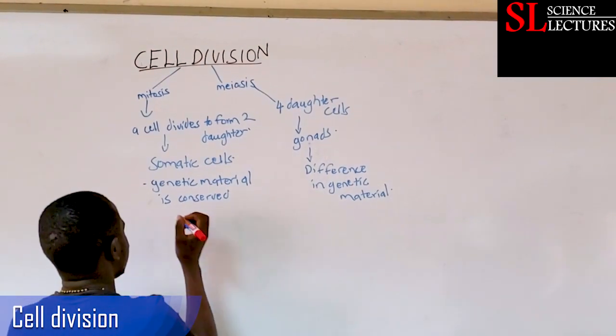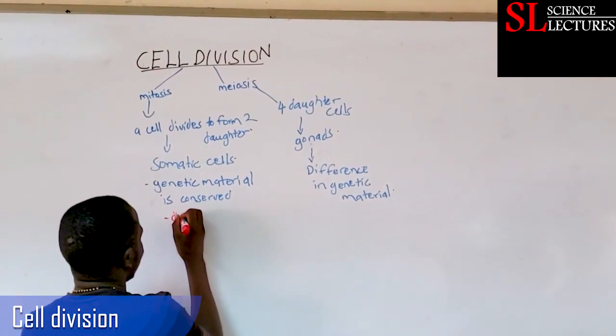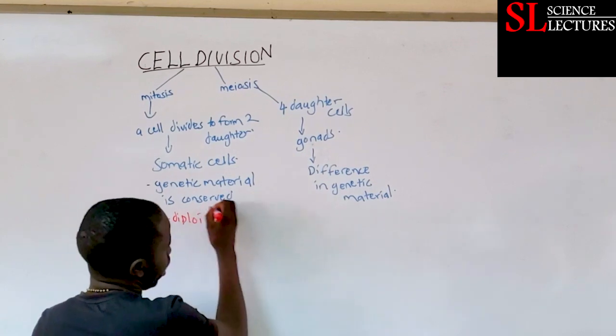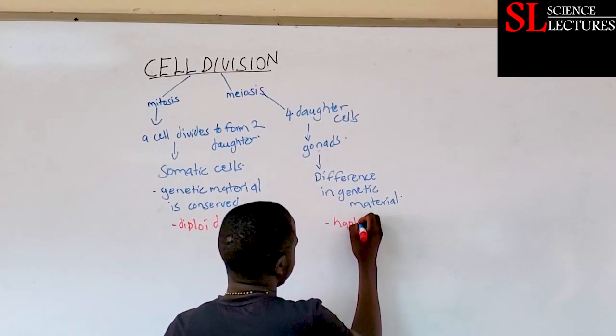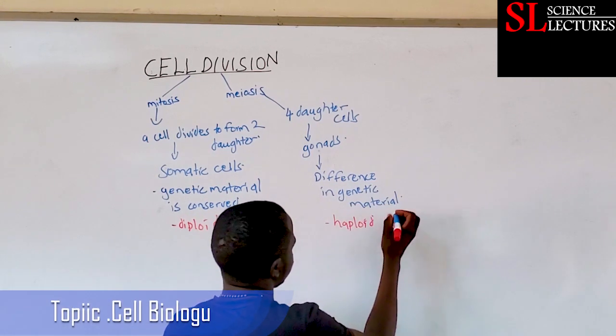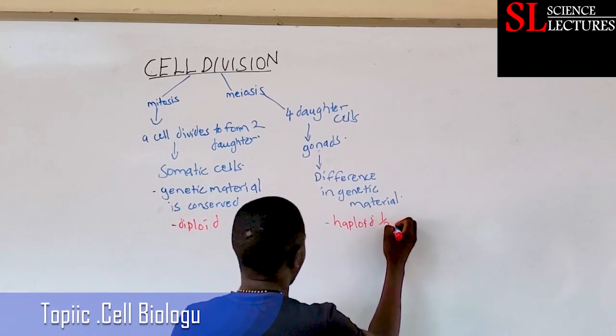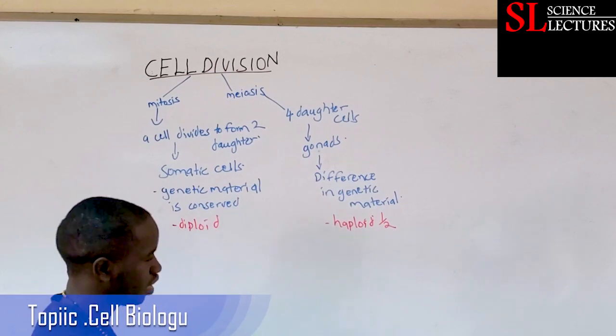In mitosis, the daughter cells are diploid, and in meiosis, the daughter cells are haploid. Here we say the genetic material is reduced by half. Here the genetic material is maintained.